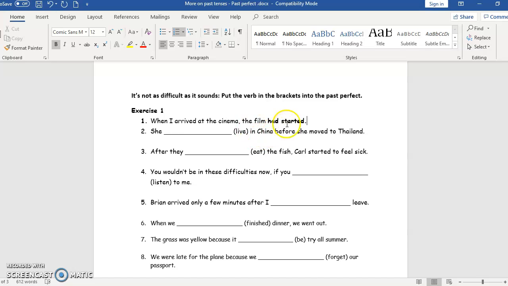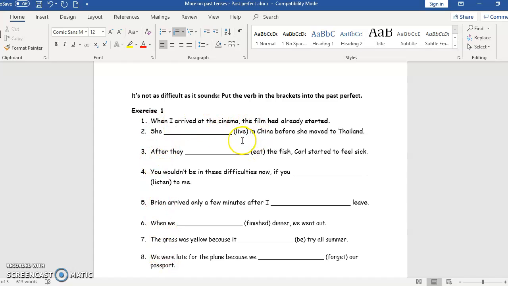And here probably you would put in, just that it makes a little bit more sense, you would maybe say had already started. Okay? So you see here, past perfect.